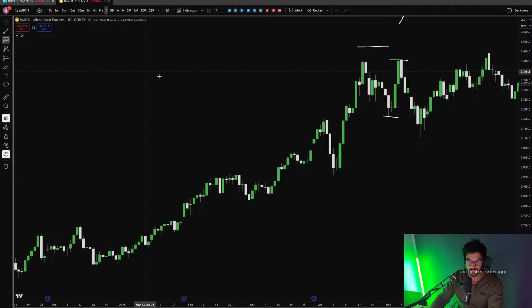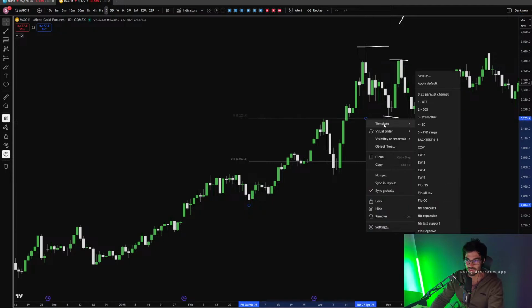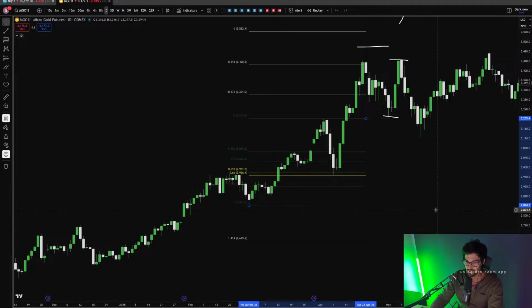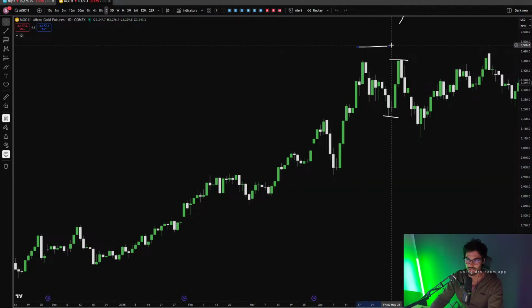Let's take this for example. So this push into here. Okay, I can see the retracement was into the 0.618, and the extension one should target is the minus 0.618. Okay, let's see other examples like this one for example.